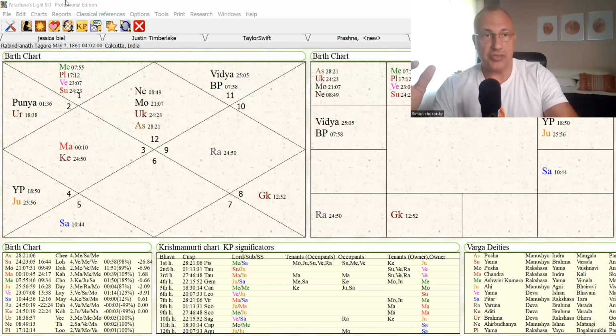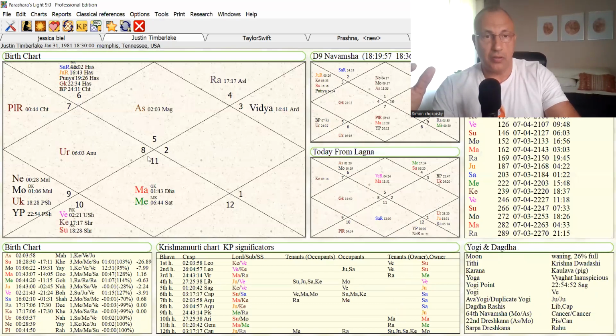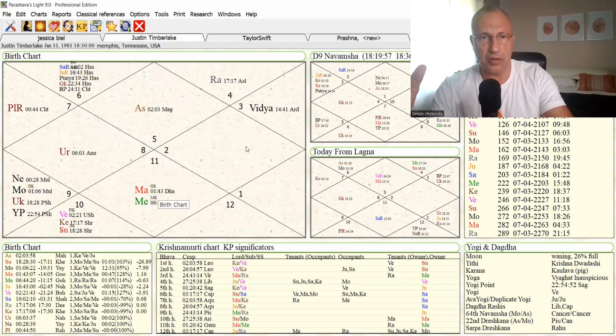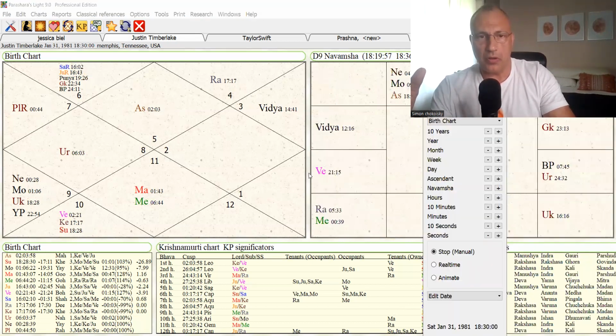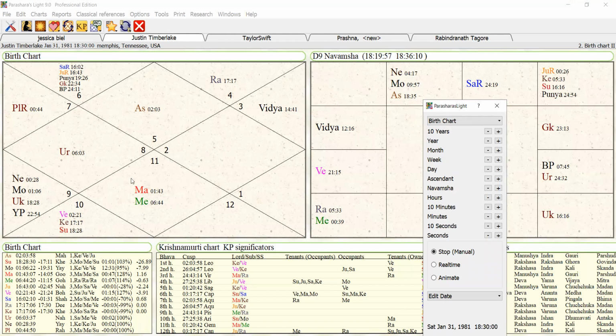You see Justin Timberlake here, Mars, Mercury conjunct together. Mercury also, here, let me pull up the South Indian really quick. Mercury also in exchange with Saturn. So there's another Parivartana yoga.